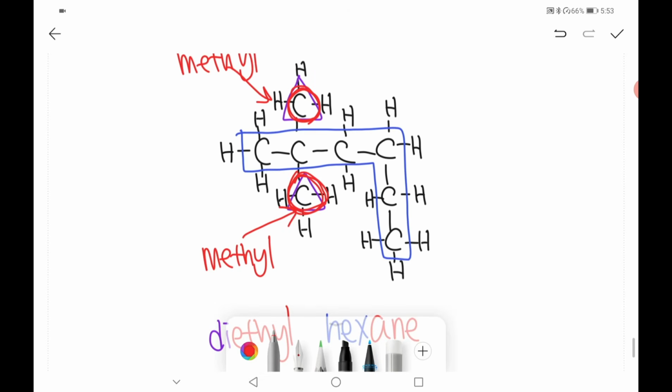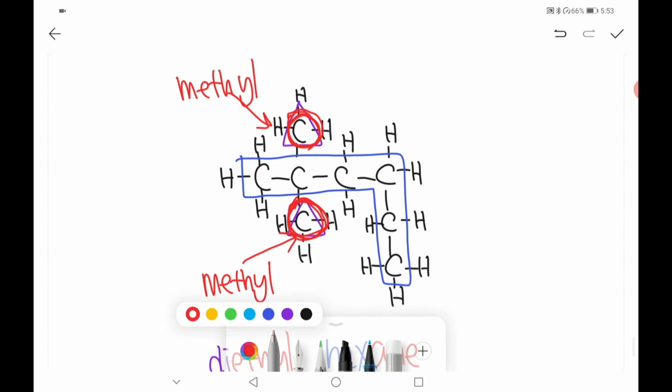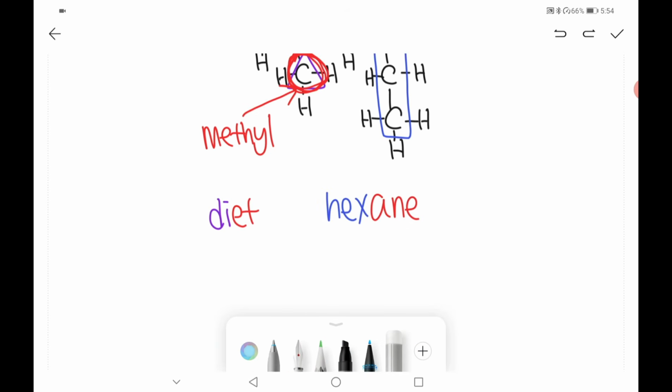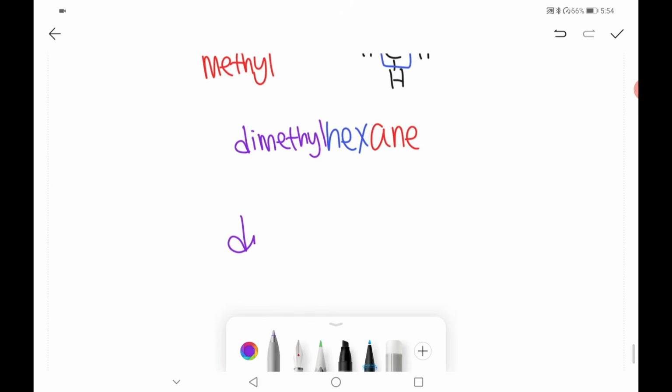You can see that this branch is methyl, this branch is methyl. So you have 2 methyl branches here. That's why the name you call it is dimethyl. What do we mean by dimethyl?